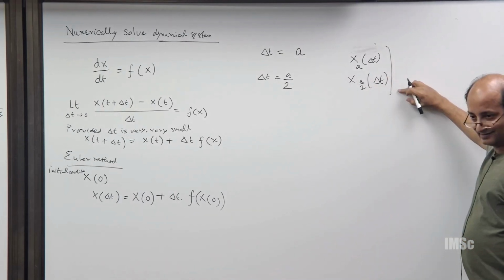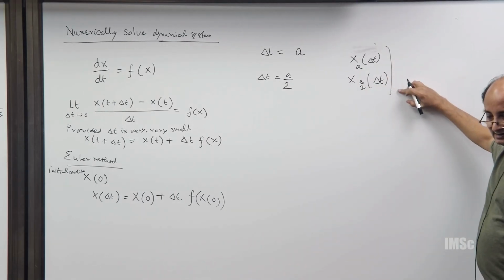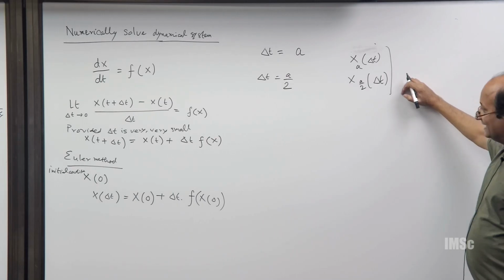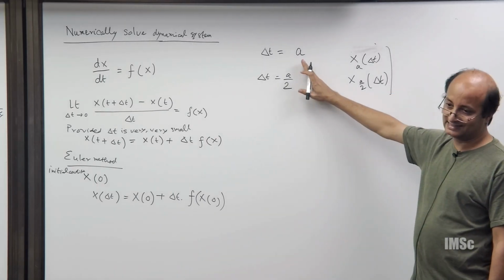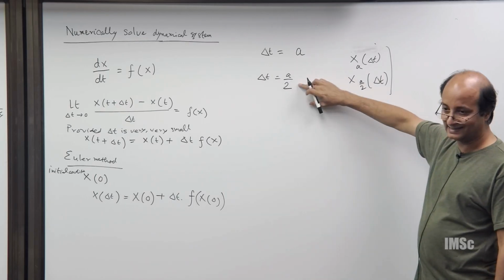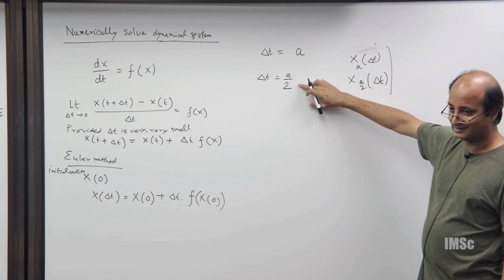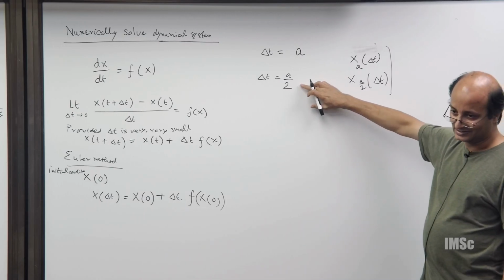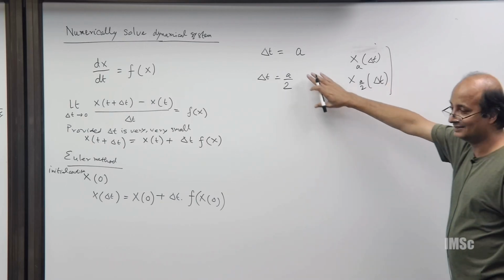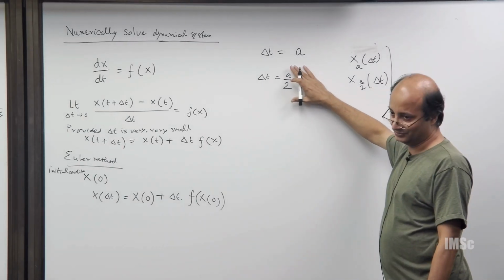If the error that is incurred is much less than half, let us say the error is just less than 10% or even lower, then I know that with this delta t I am incurring an error which is much less than the factor by which I am decreasing my time step. So usually one uses such a rule of thumb to ensure that the delta t you are using is reasonable to use.